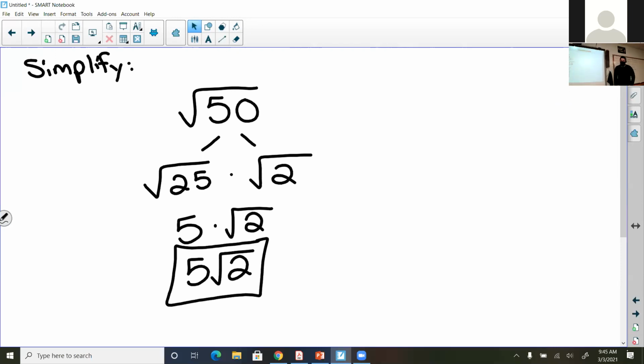That is our goal for today. So I'm going to look at a number and see if there is a perfect square that goes into 50, or into our radicand, whatever it may be. And if I can find that, I'm going to break it up into the perfect square times whatever made it equal the radicand, and then rewrite to get our answer.